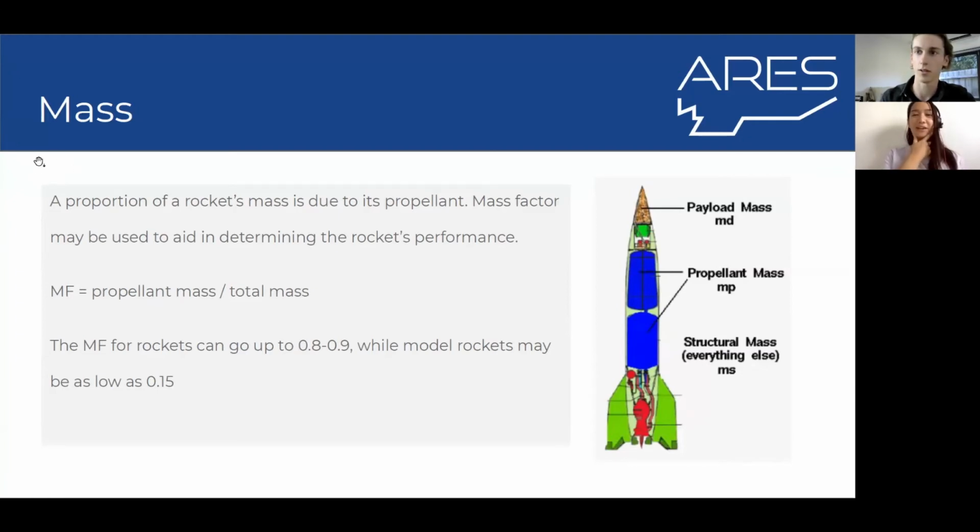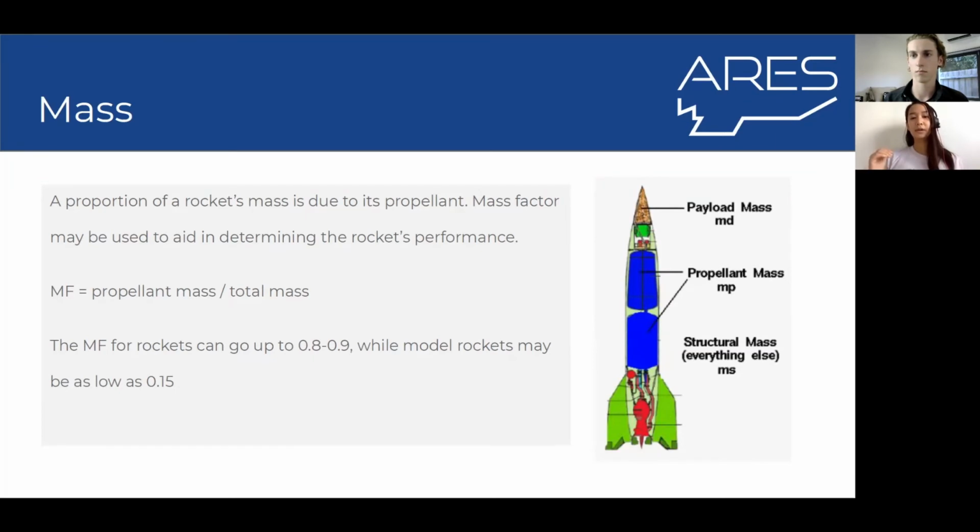In concept, mass is important because it can help determine the rocket's end performance. When we're designing rockets, a lot of the time the major mass comes from the propulsion side, so from the rocket engine or the rocket motor.